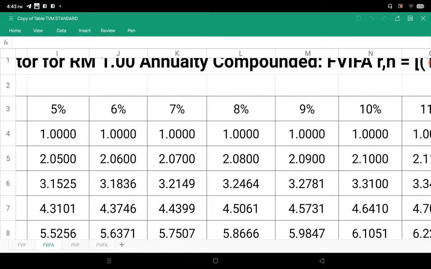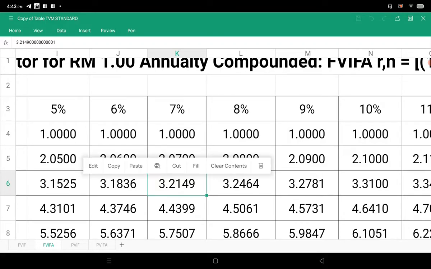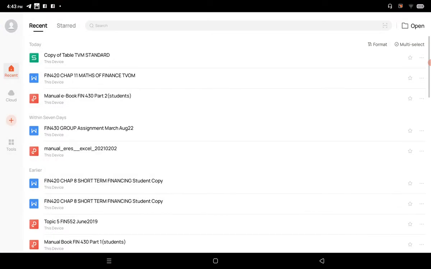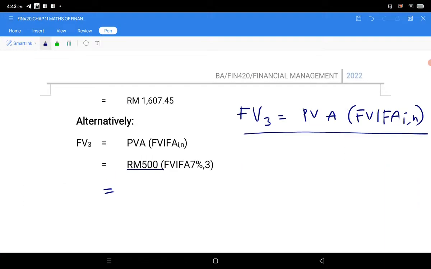Okay, saya besarkan sikit. 7% 3. Ni tahun ketiga lah. 3.2149. Ini yang saya tunjuk ni. Alright. So you masukkan dalam formula tadi lah, 500 darab 3.2149.